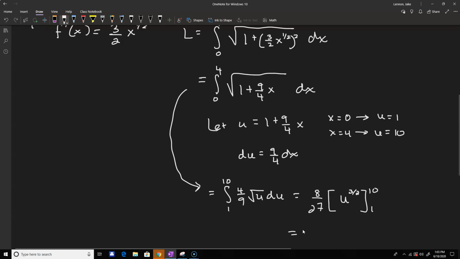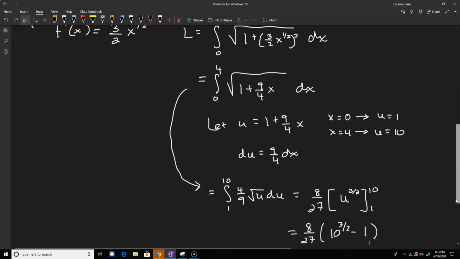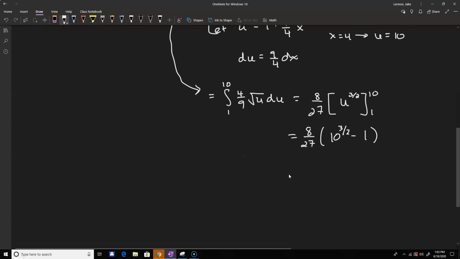So basically we're getting 8 over 27 times the quantity 10 to the 3 halves minus 1 to the 3 halves, which is just 1. So 10 to the 3 halves doesn't come out as an integer or anything like that. So we might just approximate that the length here is about 9.1. I'm just going to write generic units because the problem doesn't specify meters or centimeters or anything like that.